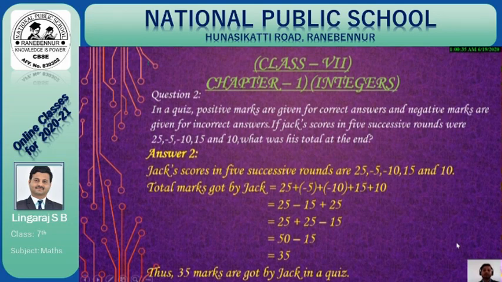So there are 2 negative numbers and 3 positive numbers. The total marks got by Jog is 25 plus (minus 5) plus (minus 10) plus 15 plus 10. In these values there are 2 negative numbers.